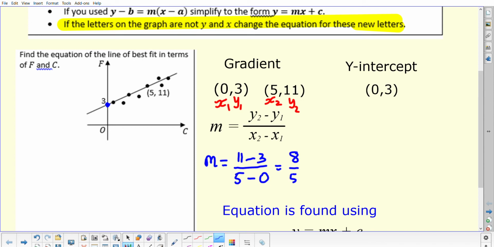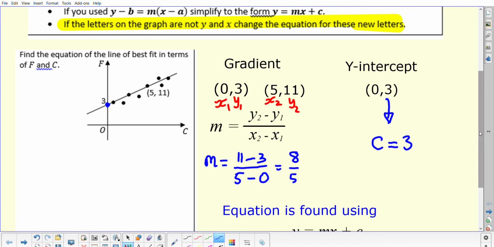I've also written down here that I actually know the y-intercept. That (0,3) is my y-intercept, and what that helps me with is it tells me the c value in my equation. So I can write down that c is equal to 3.